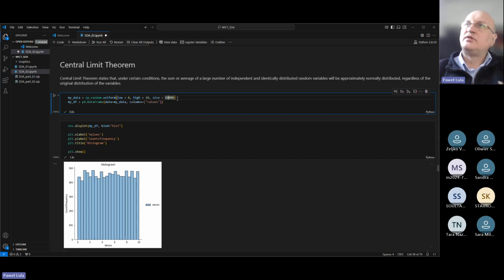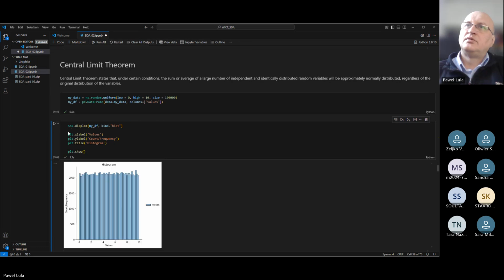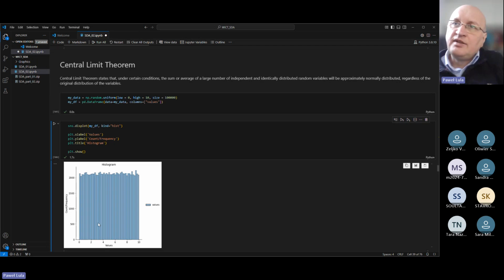Of course, we can change it to 100,000 elements, and now we see that for every interval, the number of elements belonging to this interval is very, very similar.